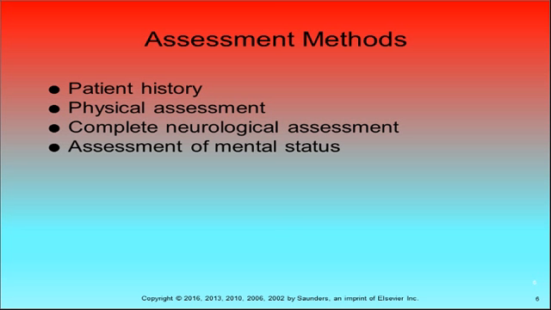Also remember your Romberg sign. That's where the patient stands and then they hold their hands straight out and their eyes closed. And if they sway, it can be an indication of a neurological problem in the cerebellum area. So just make sure you are looking into and remembering those tests that you perform and what they're called.